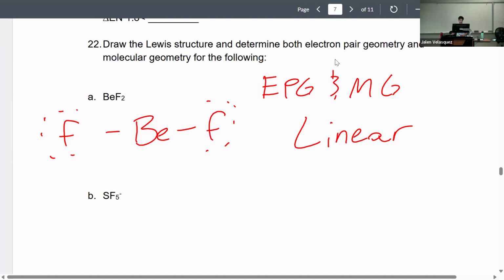Okay, and that's, of course, your VSEPR chart that you have to memorize, right? It's got two electron groups, so it's a linear shape. And what is the angle between this bond here? 180 degrees. Good.